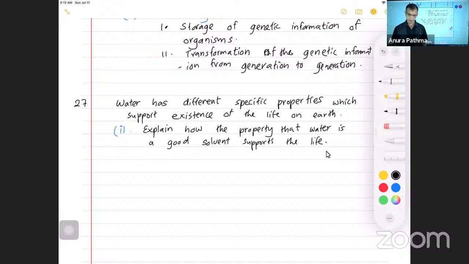How can we use it for the life? You can write 2 points.